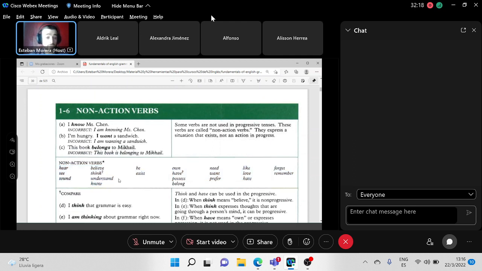If you don't know them, when you study present progressive, maybe you can use them with ing. That's the reason why it is important to pay attention to non-action verbs when we study present progressive.